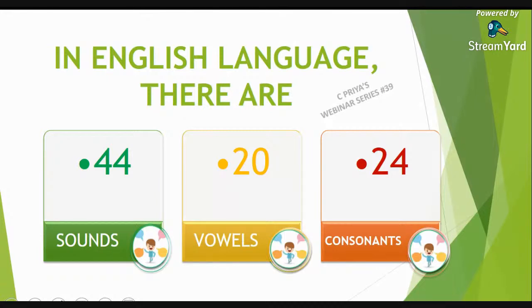Among the 44 sounds, 20 are vowels and 24 are consonants. When you add these two, you get 44. So 20 vowels with 24 consonants become 44 different sounds.